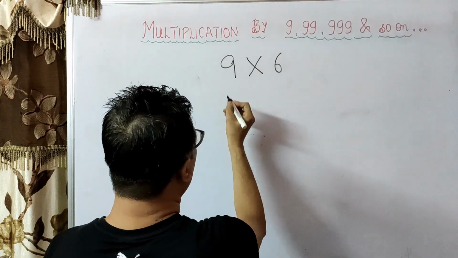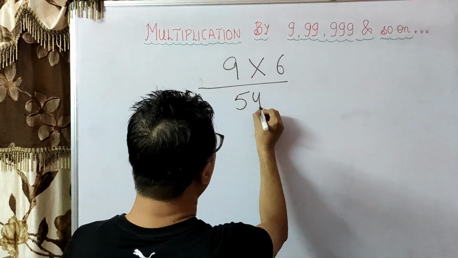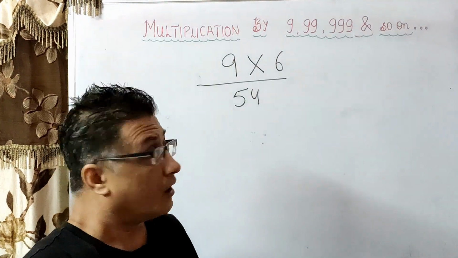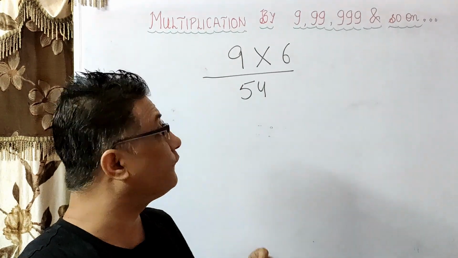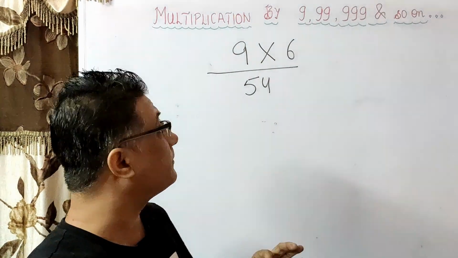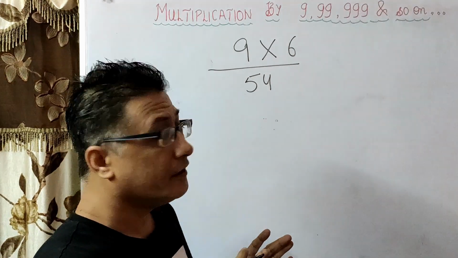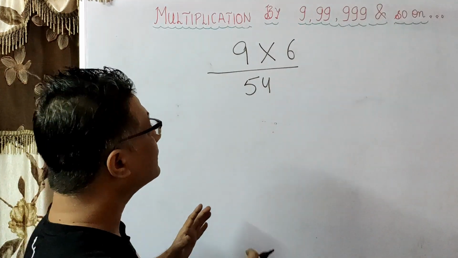We all know that 9 multiplied by 6 is 54. We remember it by heart. But the amazing part about Vedic mathematical calculation is that we don't need to remember any of the tables by heart. We can simply do this calculation.